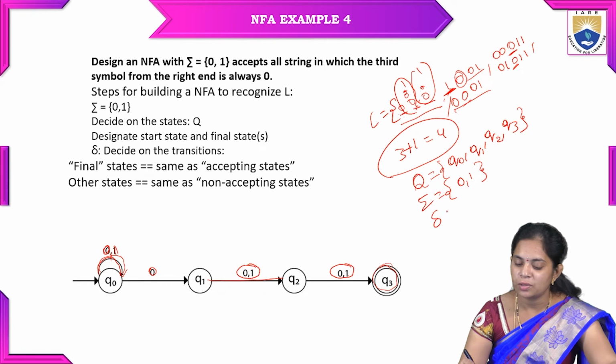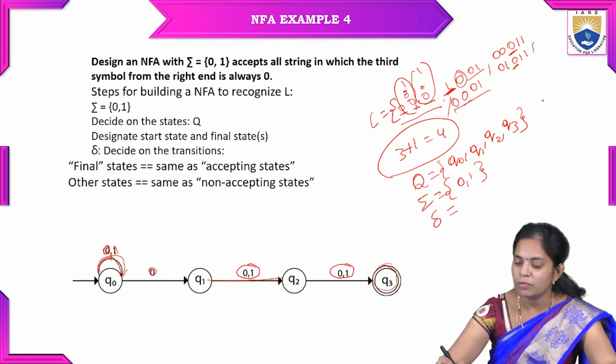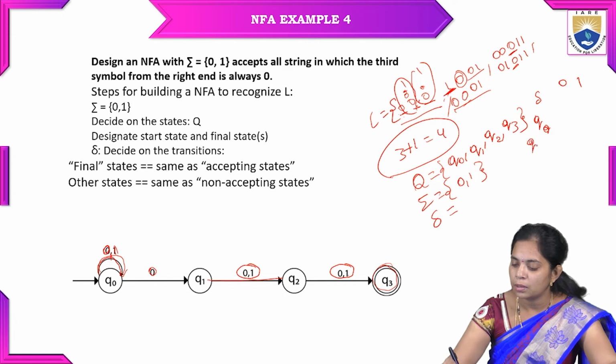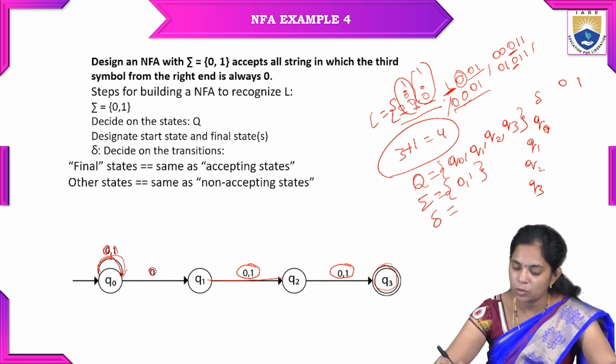And next, the transition function. So how do we declare the transition function? The transition function on 0, 1, and the states we have, Q0, Q1, Q2 and Q3.